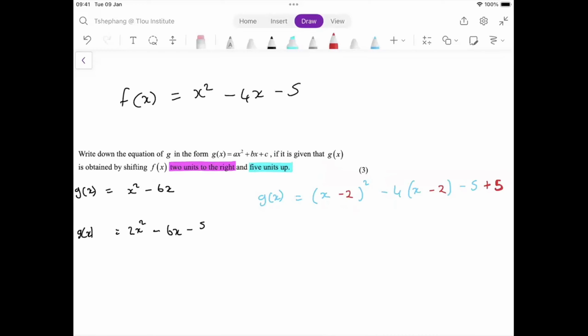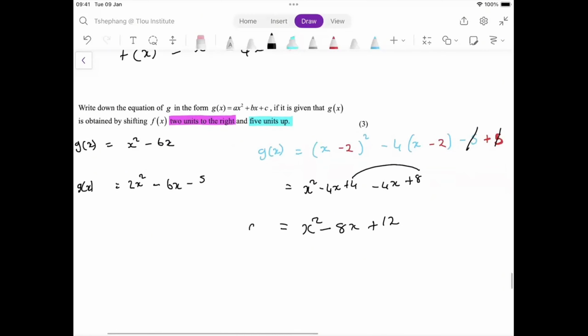Hope everyone is with me there. Let's clean it up. This is equal to x squared minus 4x plus 4 minus 4x plus 8. These two cancel each other out. Then we have x squared minus 8x. 4 and 8 will give us 12.